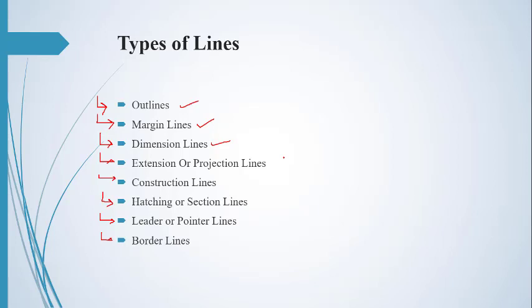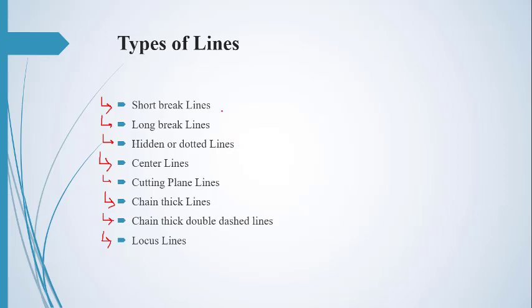What are the extension or projection lines? Construction lines, hatching or section lines. These are the different lines which are used for different purposes. The leader or pointer lines, border lines, short break lines, long break lines, hidden or dotted lines, center lines, cutting plane lines, chain thick double dashed lines, and in the last is locus line.